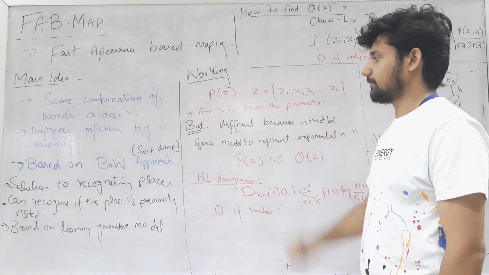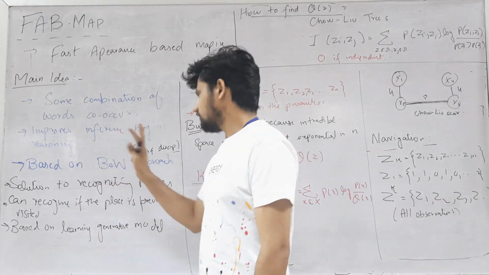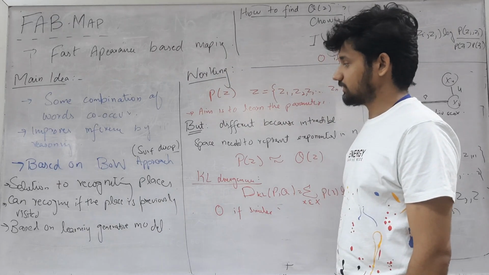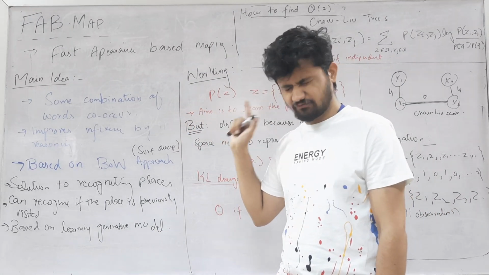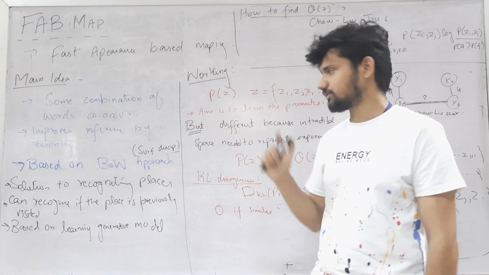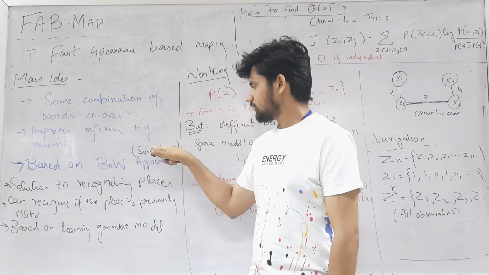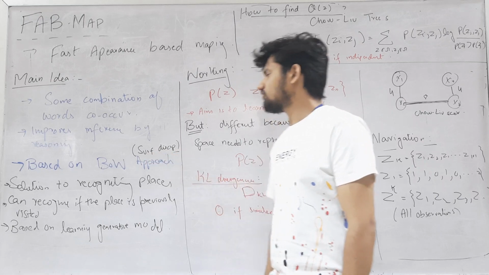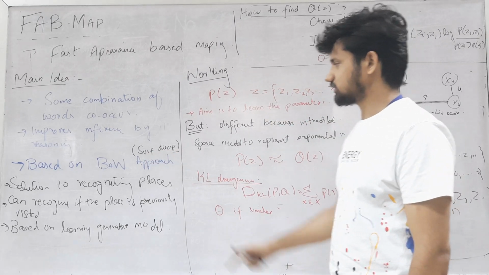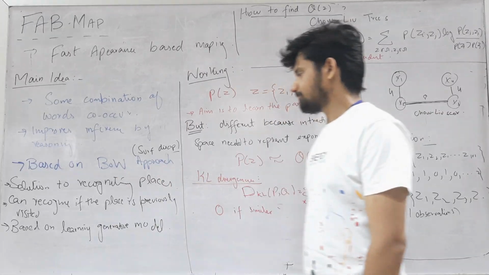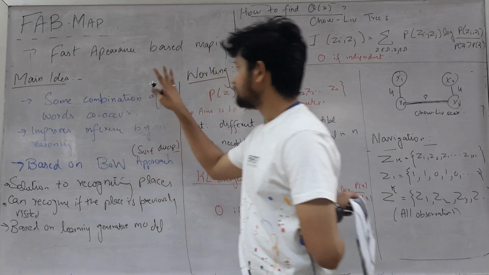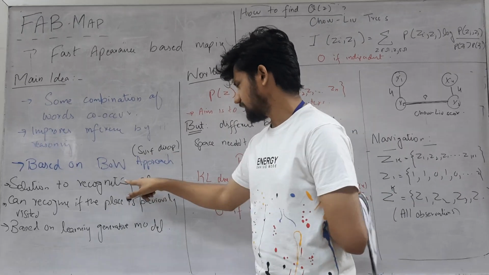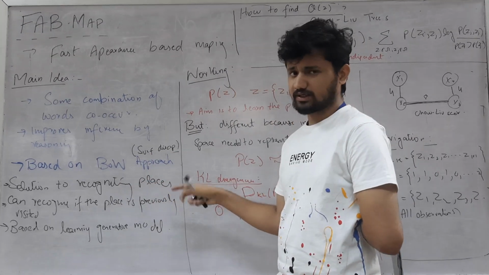You will see how. This is based upon bag of words, but the difference is that unlike the SIFT feature that we were using in the previous video, here it uses SURF descriptors to construct the bag of words. Now, FABMAP is a solution to place recognition.